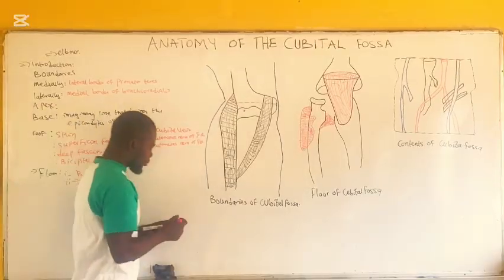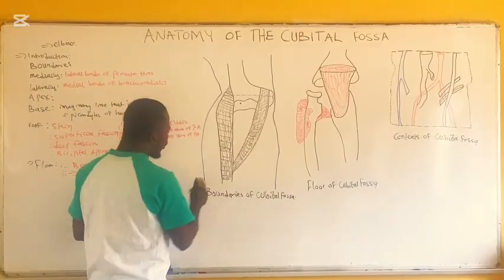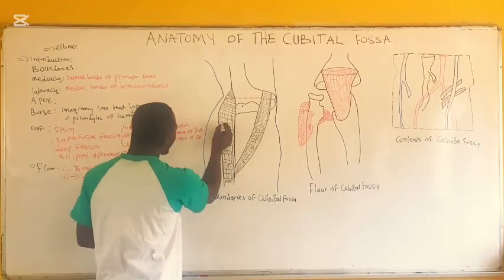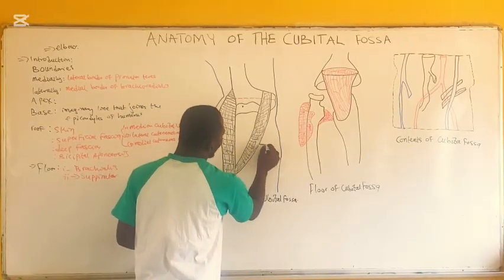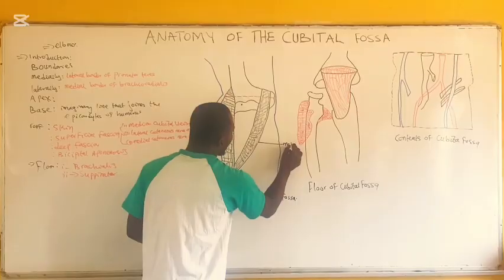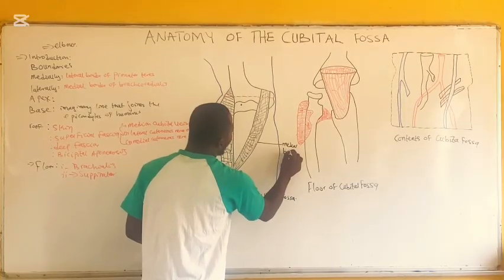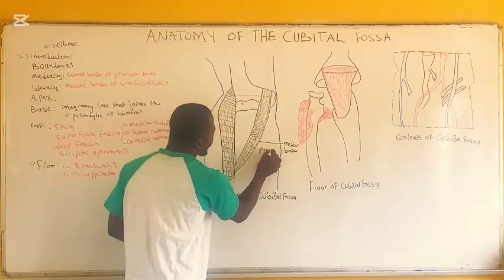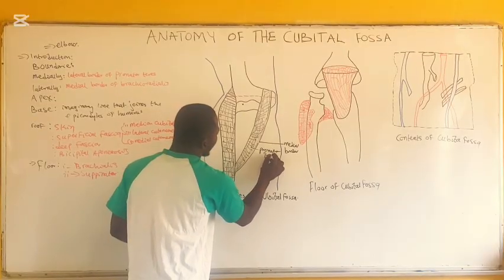Coming down here, this diagram shows us the boundaries of the cubital fossa. This is our medial border, and the medial border is formed by the pronator teres.